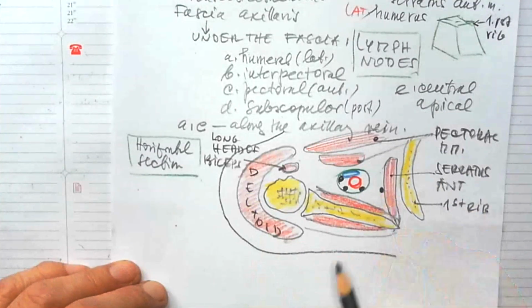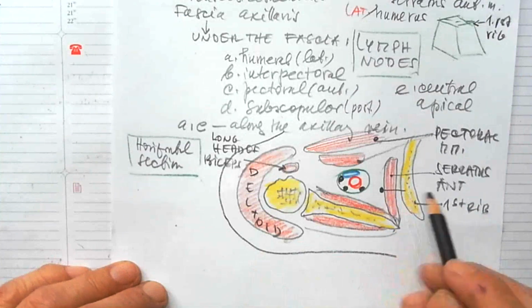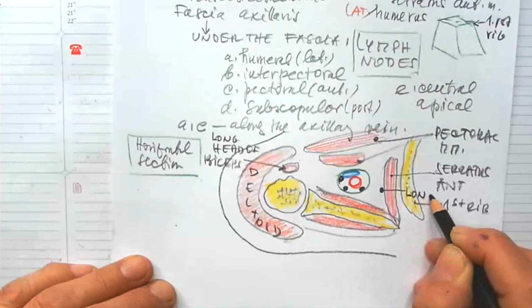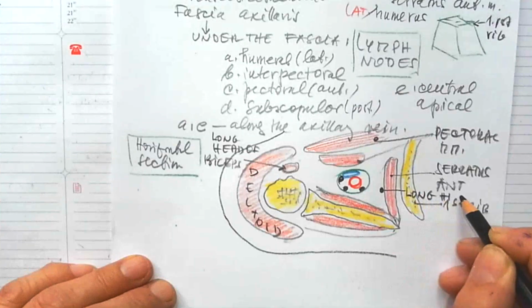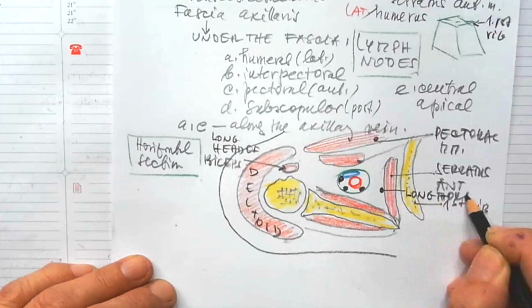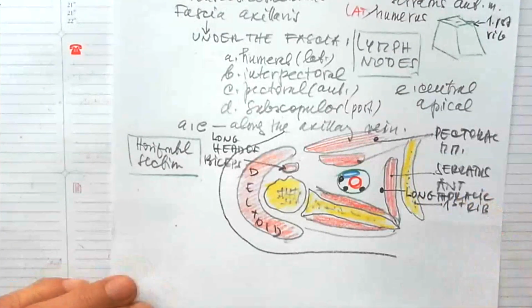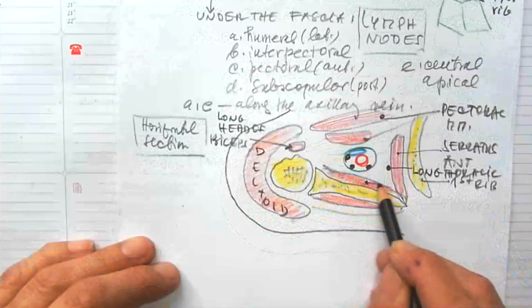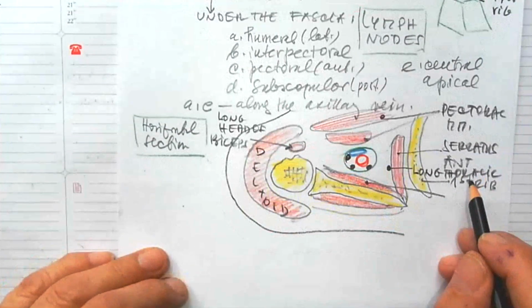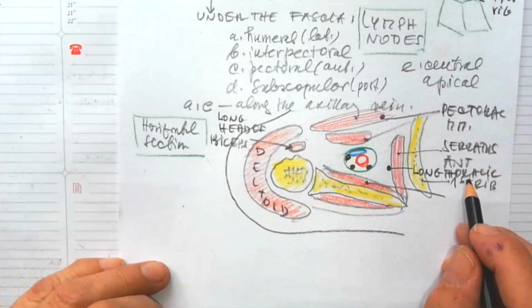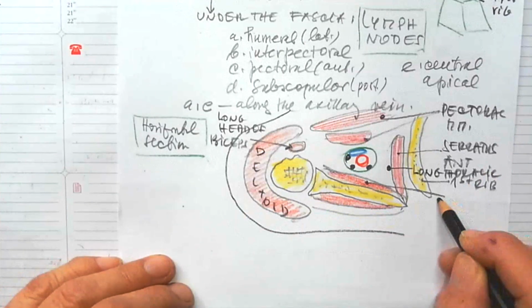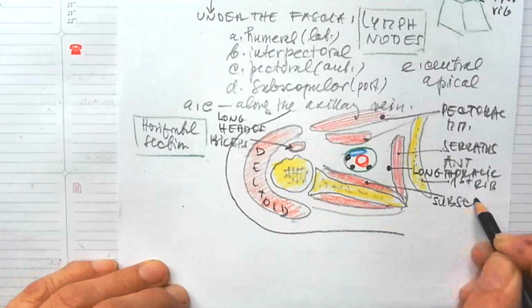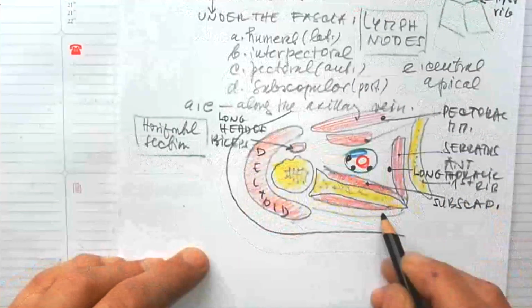Then I'm adding also one important nerve, which is the long thoracic, thoracicus longus. Then the subscapularis.